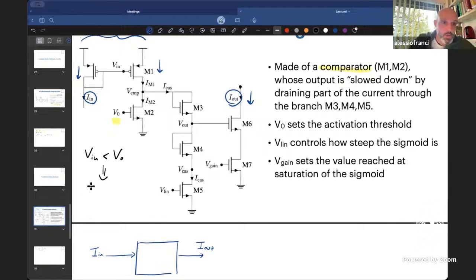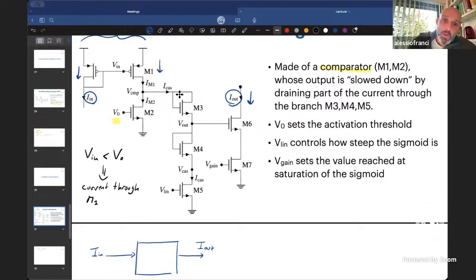Imply current through M1, through the transistor M1. So now, if there is not this branch here, then this voltage will be shorted to VDD essentially, and so you will have this voltage go up very rapidly as soon as there is current flowing here.